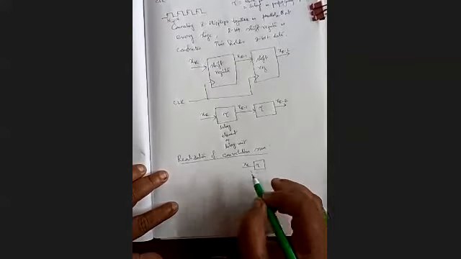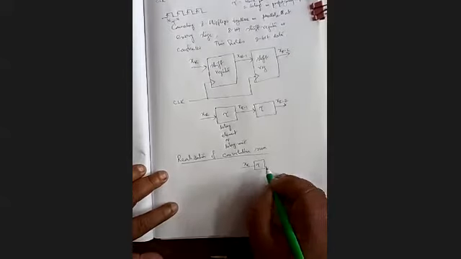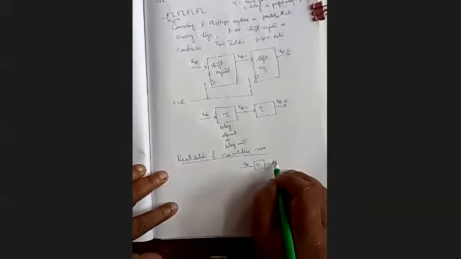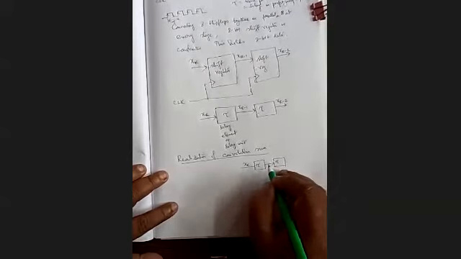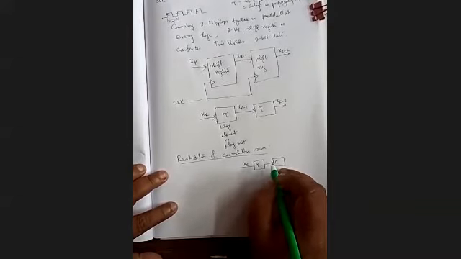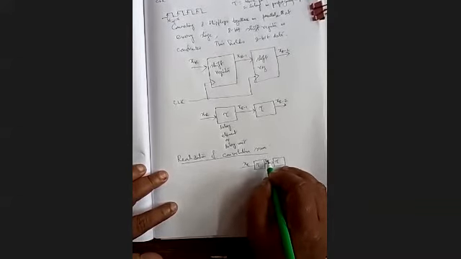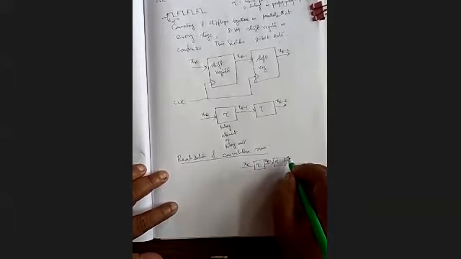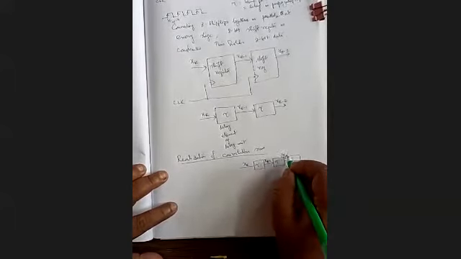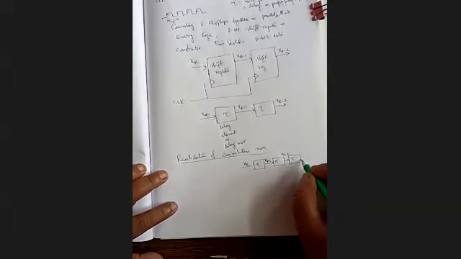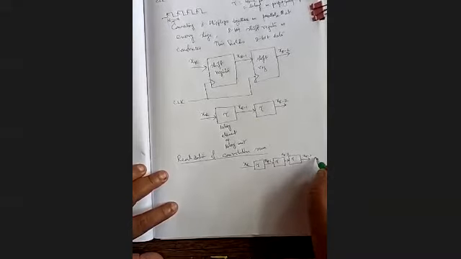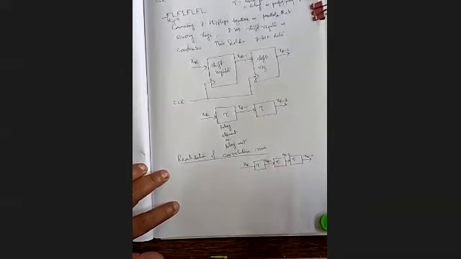Say this is XK. Then another tau. This is XK minus 1. Then another tau. This is XK minus 2. Then XK minus 3. This way it will be there.